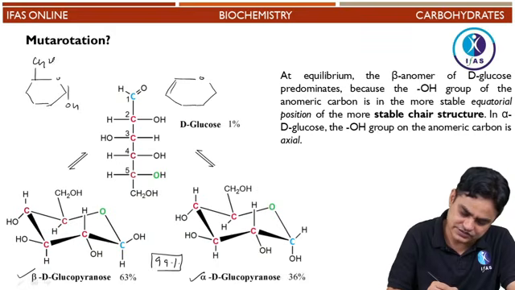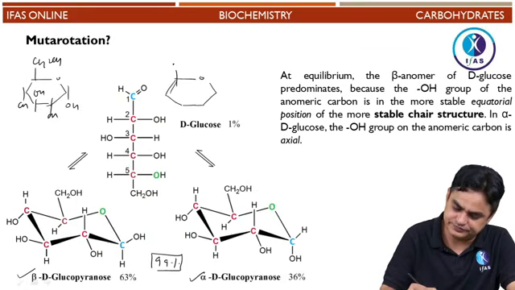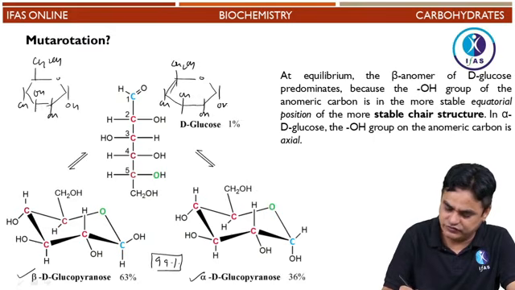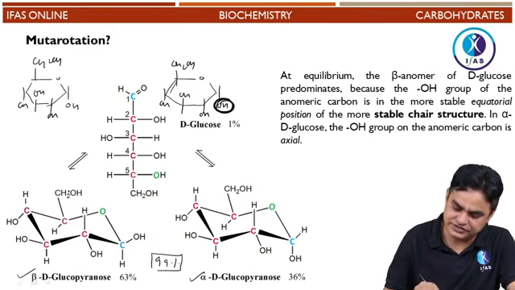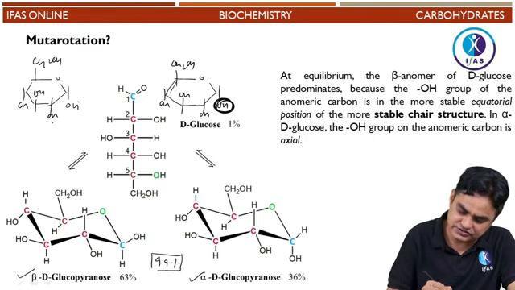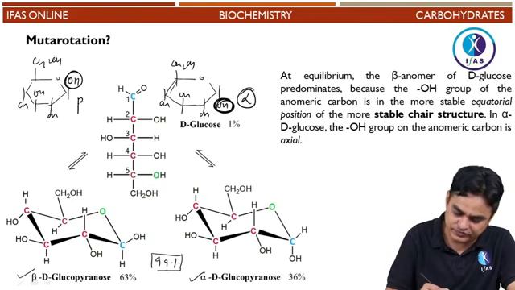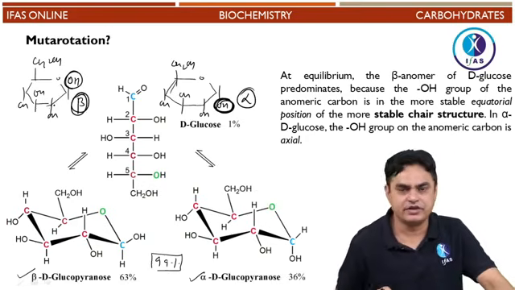So let's say this is the structure of glucose. If the OH group is down the plane, it is referred to as alpha form, and if it is above the plane, it would be referred to as beta form.